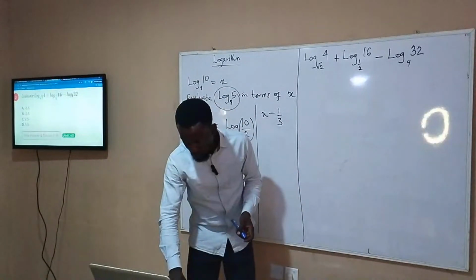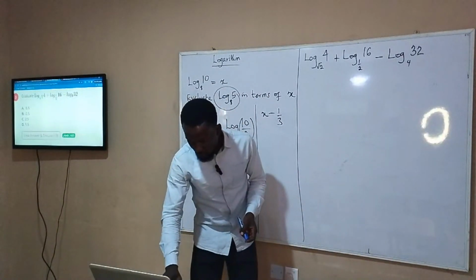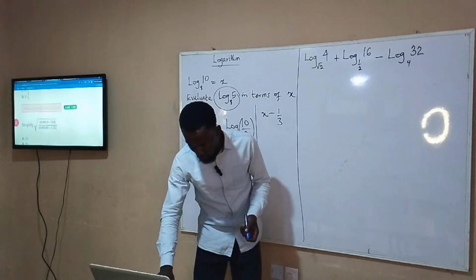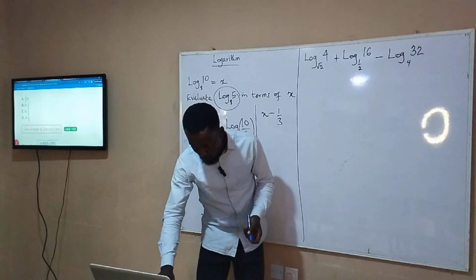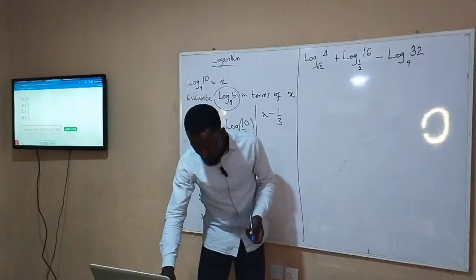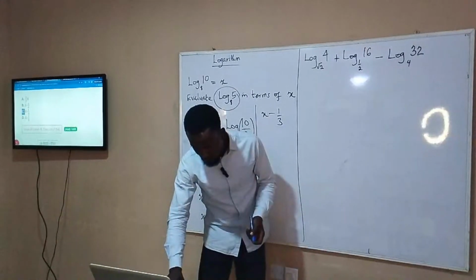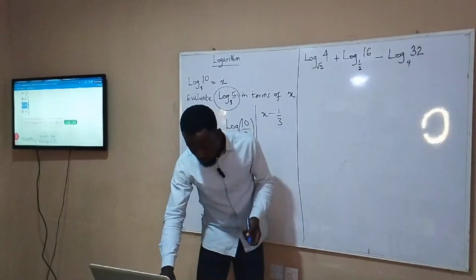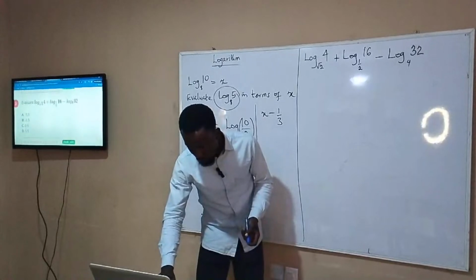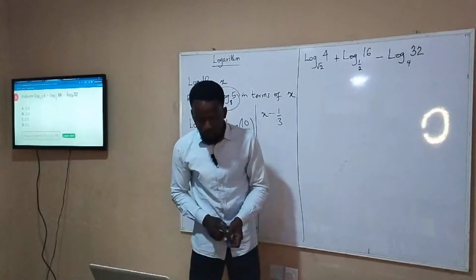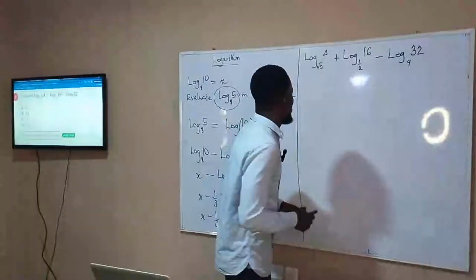This one is also simple, and we have the options here. For the previous one, the answer is there. I said it is x minus 1 over 3, which is option C. For this one, we don't know the answer yet, so we have to find the value. So let us quickly solve this.